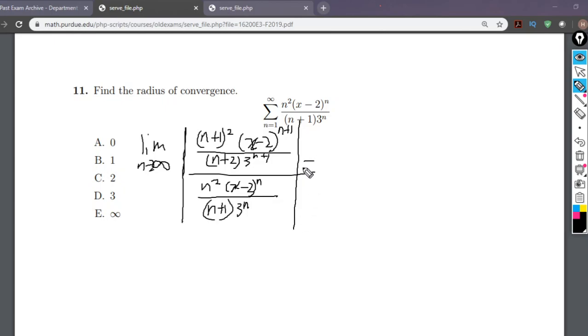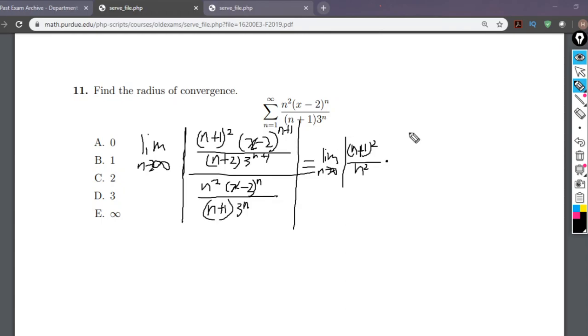So again, ratio test, rearrange all these. It'd be the limit of n taken to infinity of the absolute value of, so the first term we're looking at is the n plus 1, and the similar term to that would be the bottom here, n squared.